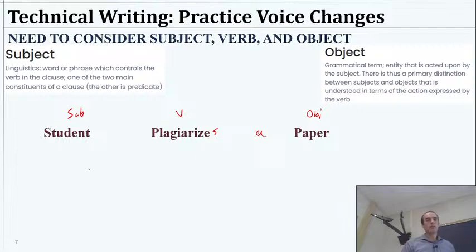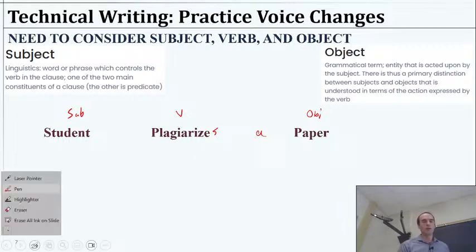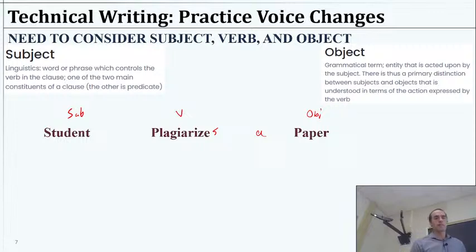Whereas if we instead, we'll use a different color, if we instead wrote that a student was plagiarizing a paper, I'll just write it down.